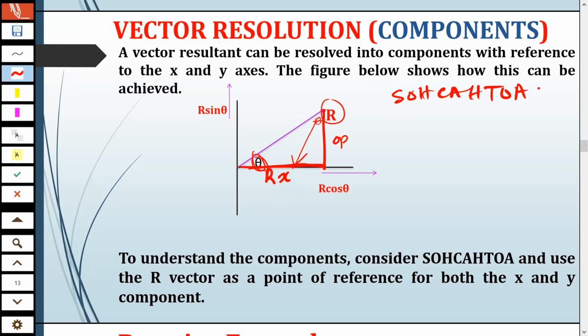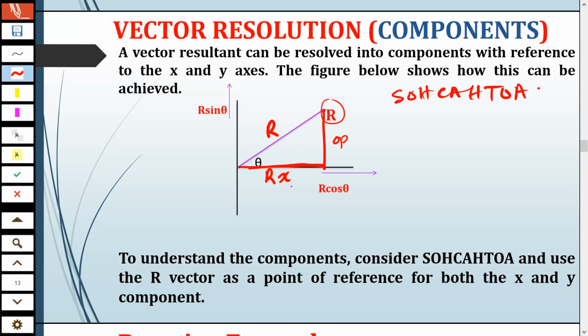Sometimes it can be the opposite if the theta is located there. So in this given example here, we have the X component of this vector R being the adjacent, and what we have been given, this R, is the hypotenuse.